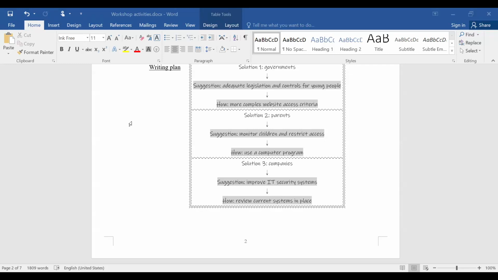I also like the way you use the word utilize instead of the word used here. This is a good example of paraphrasing. And you've also added the word parental, designed for parental control. You are able to add this clause in order to further enrich the idea here in the writing plan. So I really like your sentences.